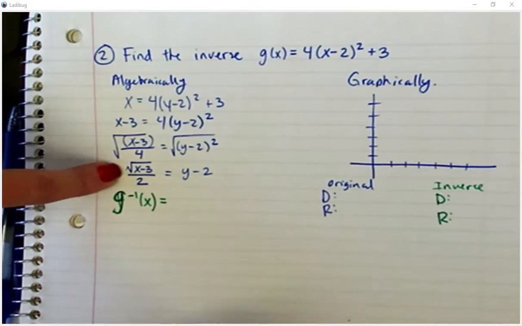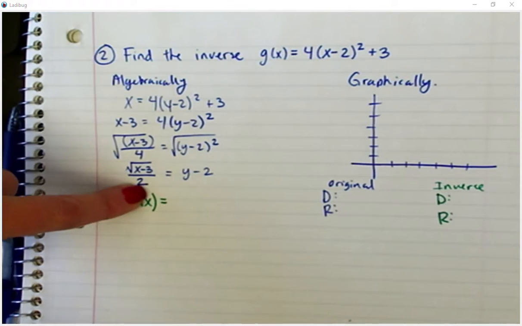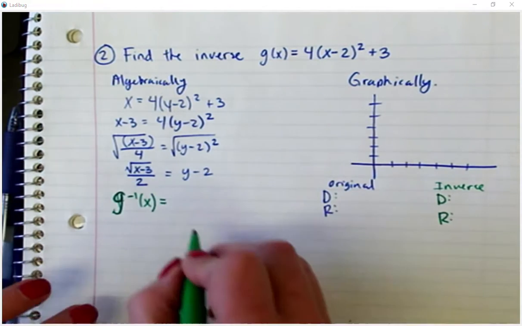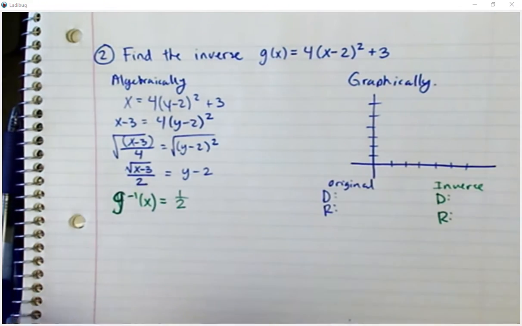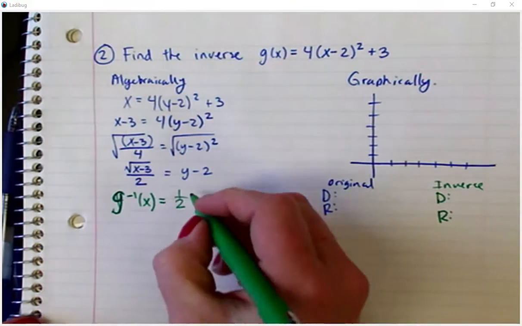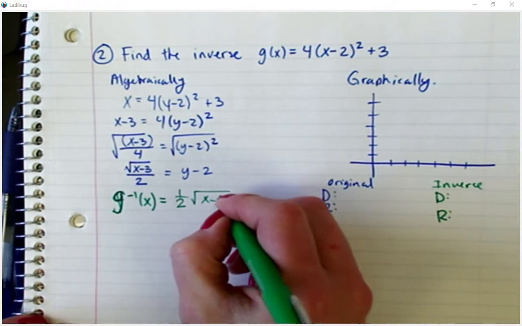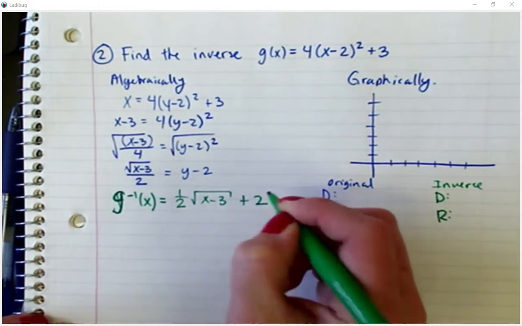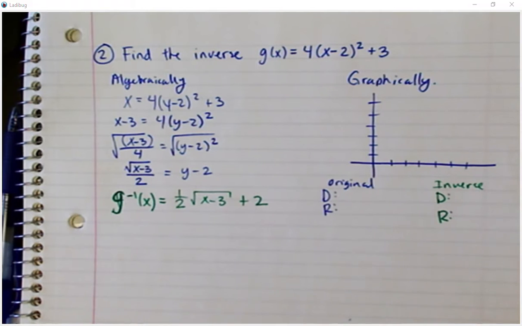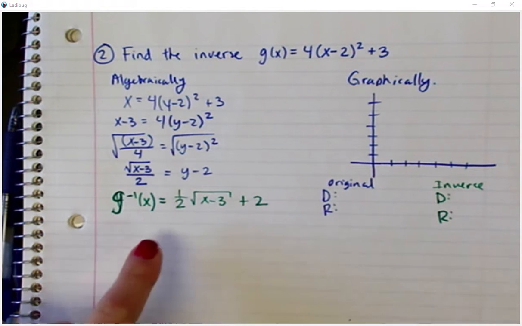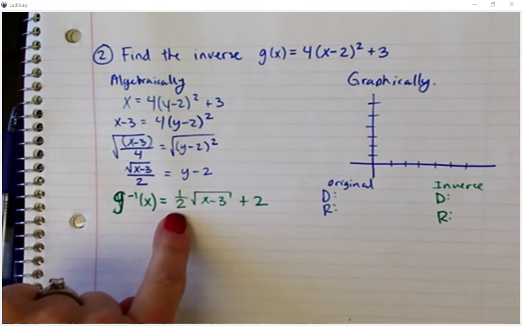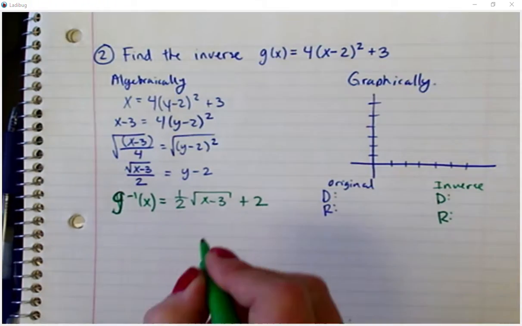Now, fractions. Guys, that divide by 2 is the same thing as multiply by 1/2. And then root x minus 3 plus 2. I'm trying to keep it in the A, H, and K format, which means divide by 2. I'd rather write it as times 1/2.